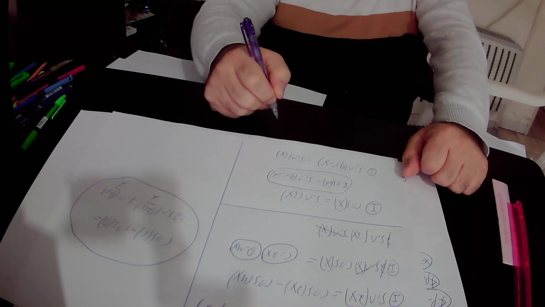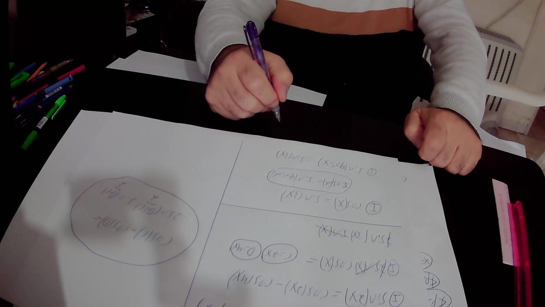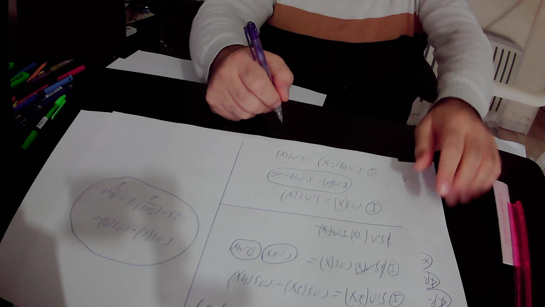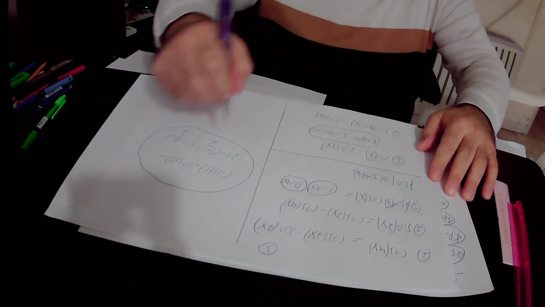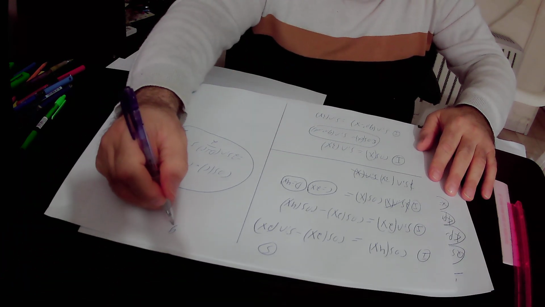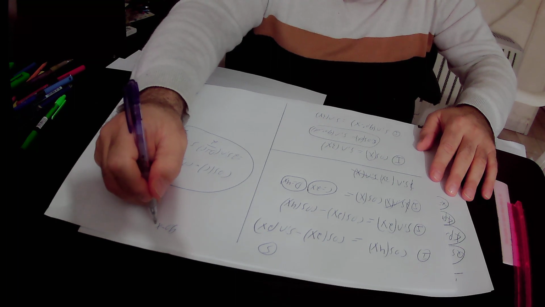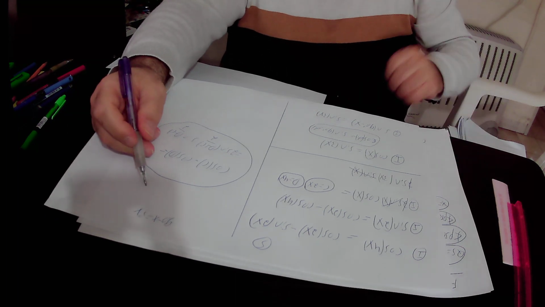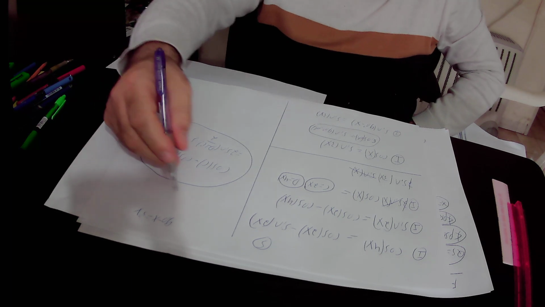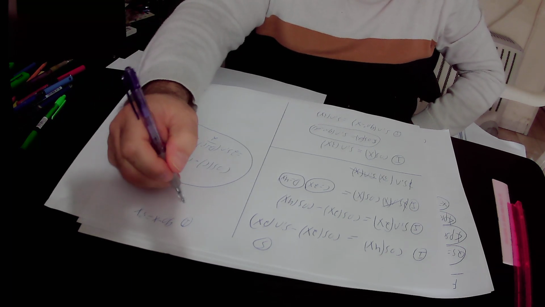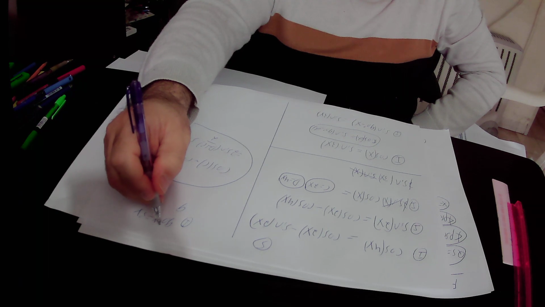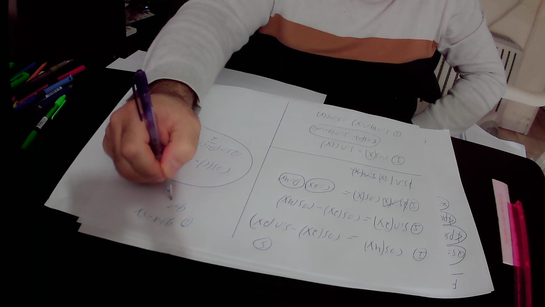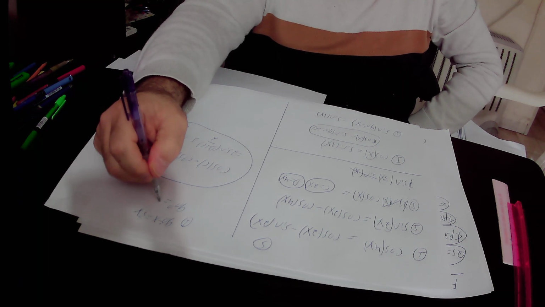Sine of 90 degrees minus x equals sine 3x means that 90 degrees minus x equals 3x. So here we will add x to this equation number 1, and we will get that 90 degrees equals 3x plus x, which is 4x.